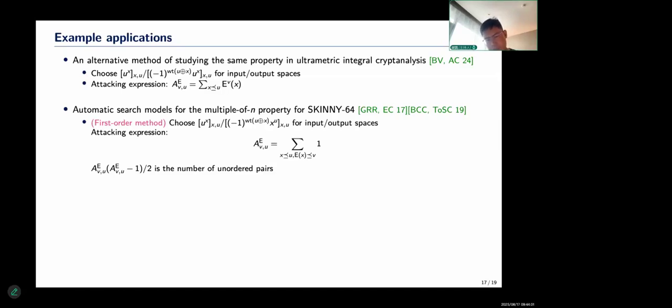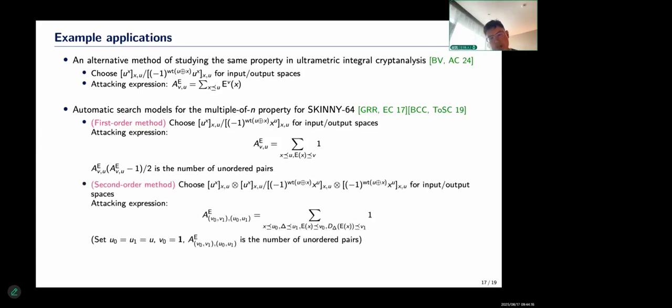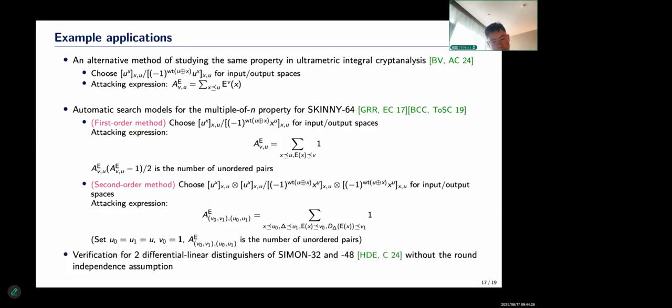So in previous papers, they were analyzed with some structural property, but not with an automatic search method. But in our way, we can do the automatic search, so it's easier to do. The longest distinguisher of the multiple-of-n property for Scream 64 is only 5 rounds, but in our paper we can reach 11 rounds. Finally, we verified 2 differential-linear distinguishers of Simon ciphers without the round independence assumption.